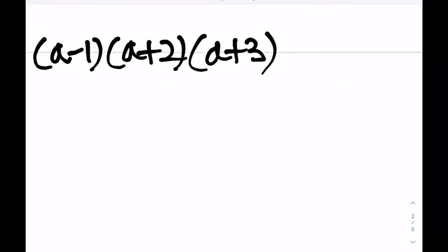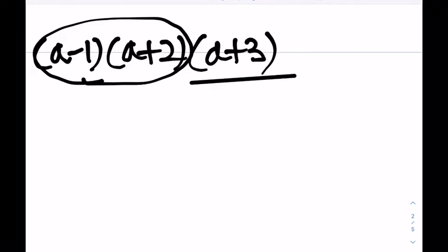Now we got a more complex one than last time. We got 3 polynomials. So in this case, we first ignore the a plus 3. Imagine that this is not here. So we're just looking at a minus 1 times a plus 2.